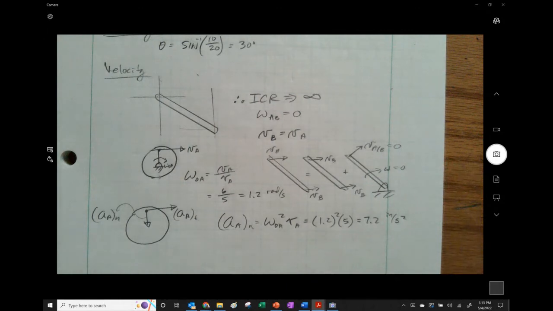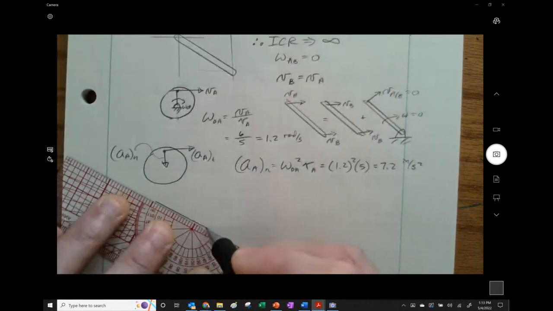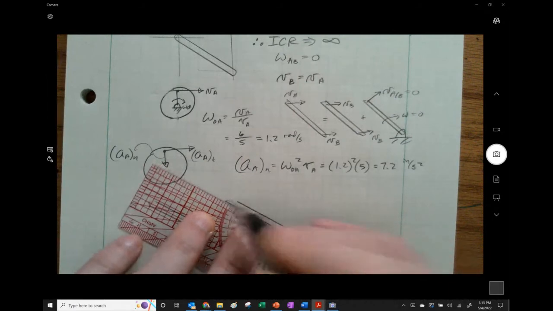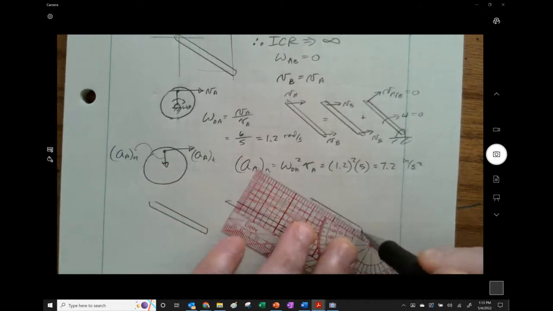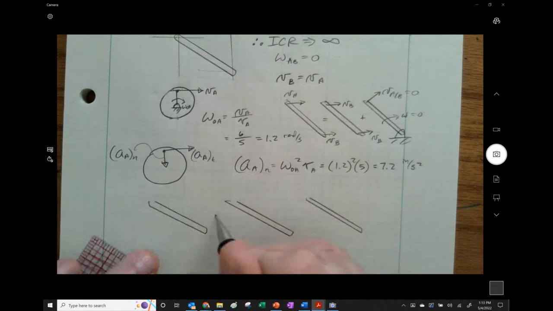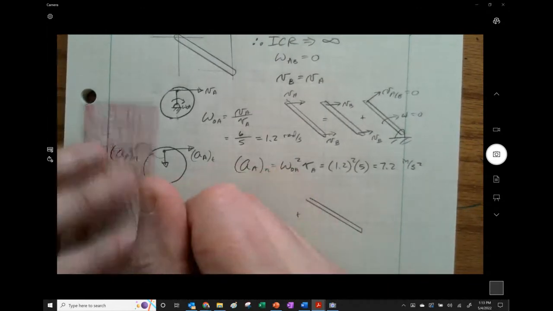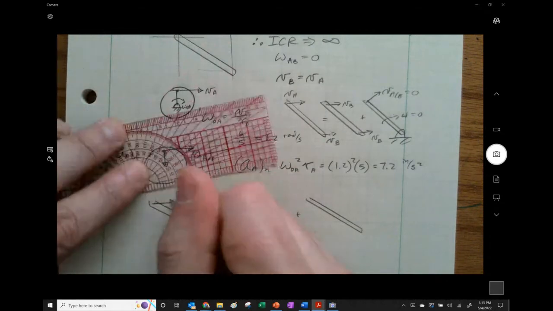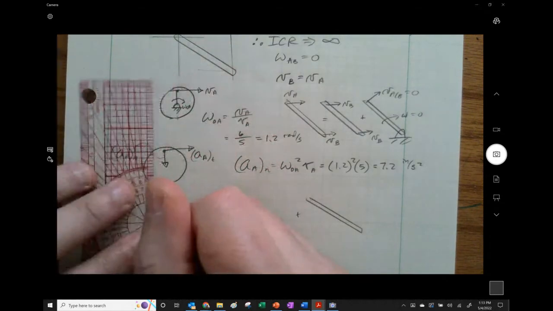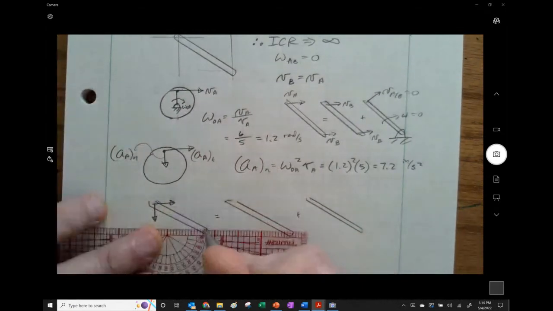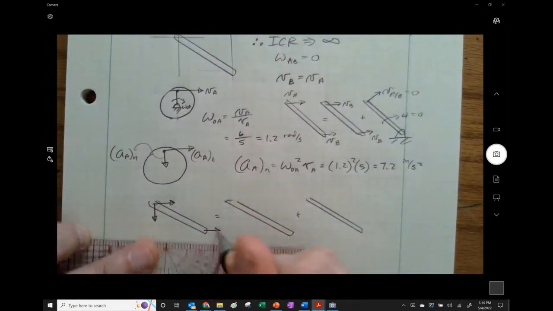All right, so I do my acceleration analysis, and it's a better idea to try to draw this thing with my 3 diagrams. And I don't know this acceleration, but I do know this acceleration. And I also know this acceleration.